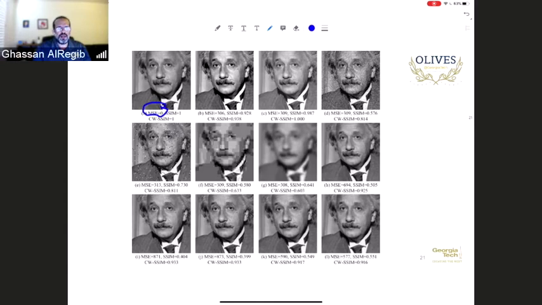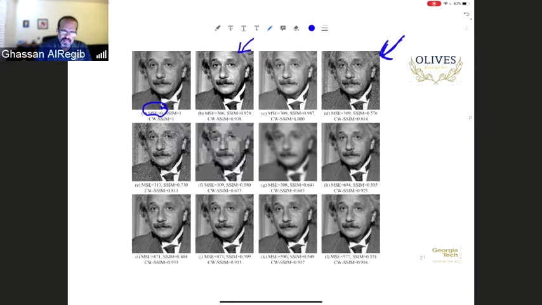Now what I want you to look at is this image, for example, and this image here, just these two images. Obviously, for most of us, if not all of us, the image on the right-hand side has a lower perceived quality than the one on the left-hand side.